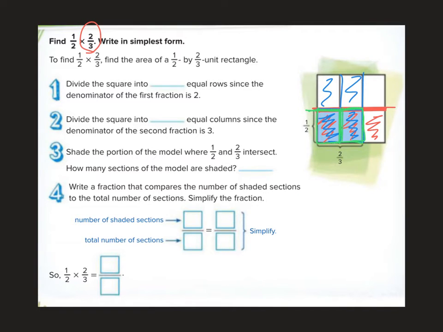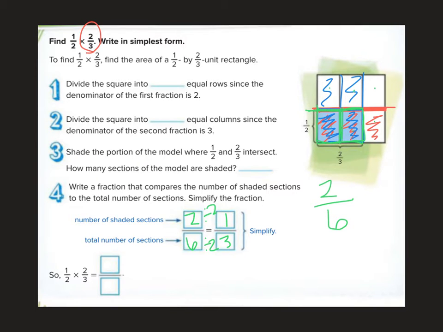So how many pieces intersect? 2 out of 1, 2, 3, 4, 5, 6. 2 out of 6 pieces intersect. Okay, and so number shaded 2 out of 6. If I simplify, divide them both by 2, I would get 1/3.